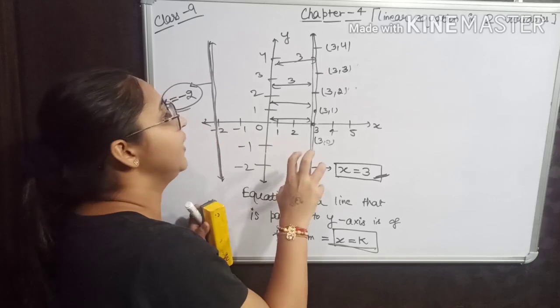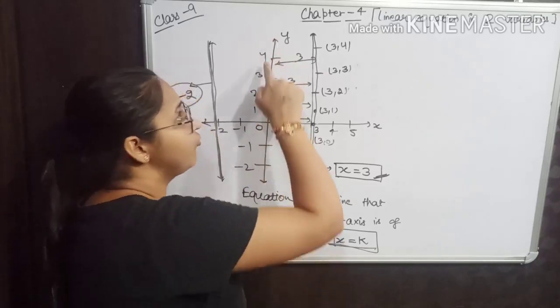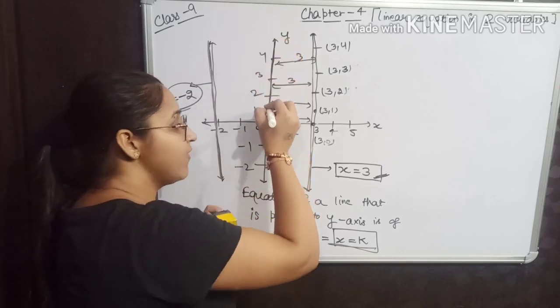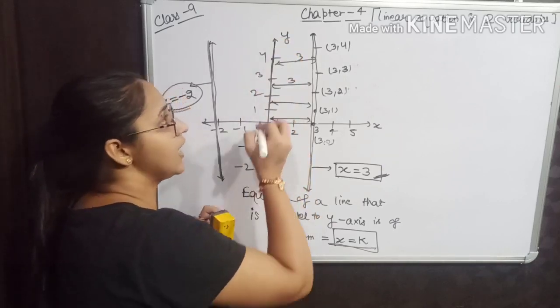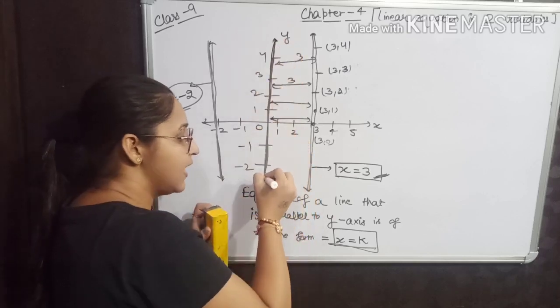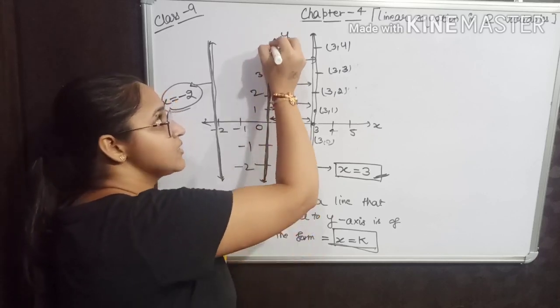Now the important part: if I have to find the equation of the y-axis, similarly as we found the equation of the x-axis. See, this is the y-axis and I have to find the equation of this line.